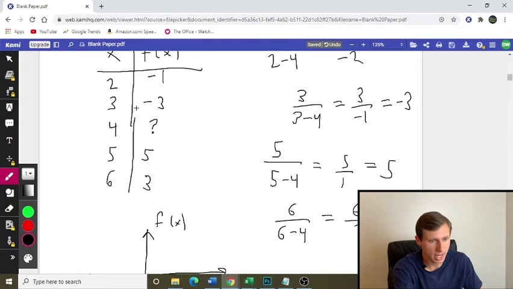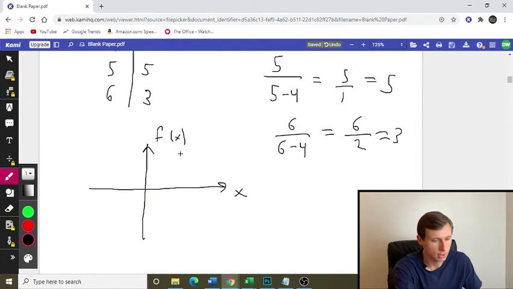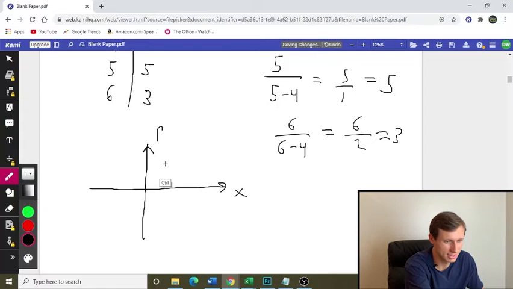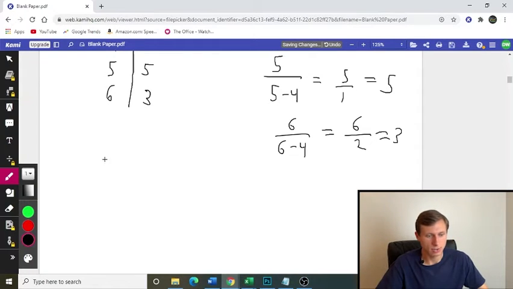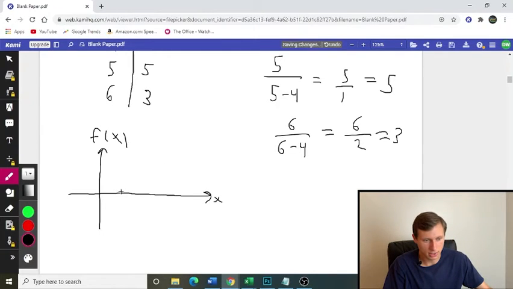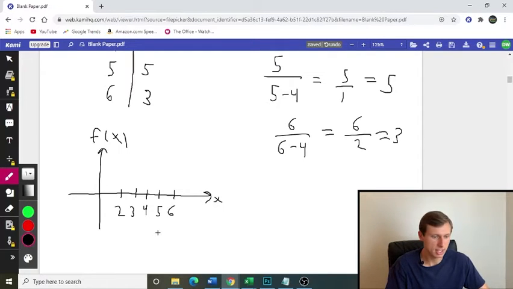And so for the x values at 2, I should have done that better. So we have our x and y axes like this, x, f of x. We're going to be plotting on 2, 3, 4, 5, 6.